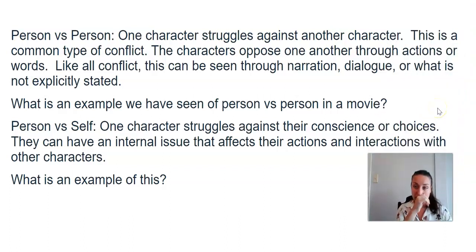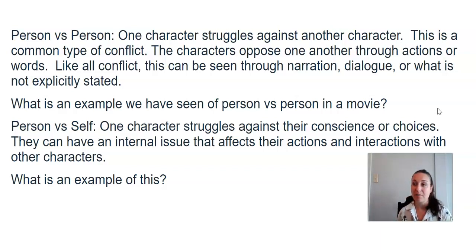So generally, when I do this, I ask you guys to think of examples sort of in the media, sort of that you might kind of know, but we're also going to be looking at examples through Frankenstein. So the first conflict that we're going to look at is a person versus person conflict. And when you write about this, you'll say person versus person conflict involving character A and character B, right?